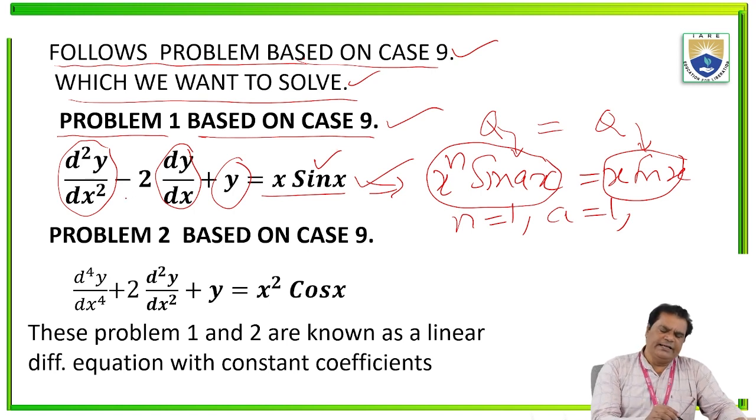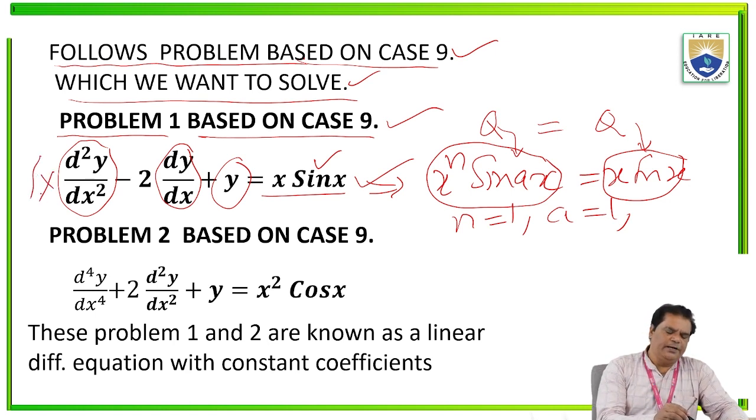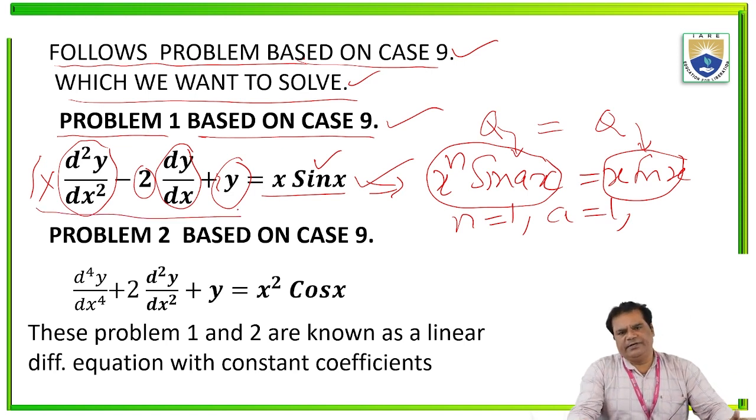So how can we say that this differential equation is a linear differential equation with constant coefficients? We have discussed this several times in the last lecture. On the left hand side, there is multiplication with derivatives by constants.